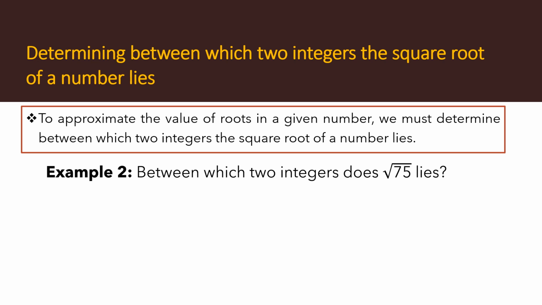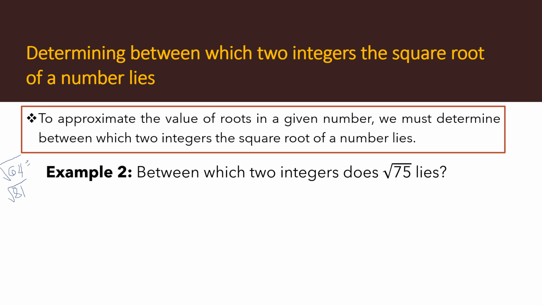Example 2, between which two integers the square root of 75 lies. Okay, so by now you should already be familiar with those perfect squares from 1 to 100. So the nearest perfect squares to 75 are 64 and 81. So we should consider the square root of 64 and the square root of 81.